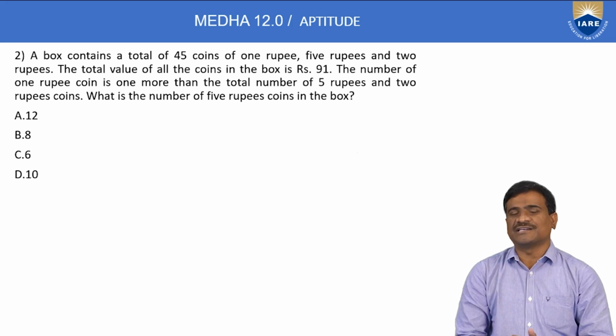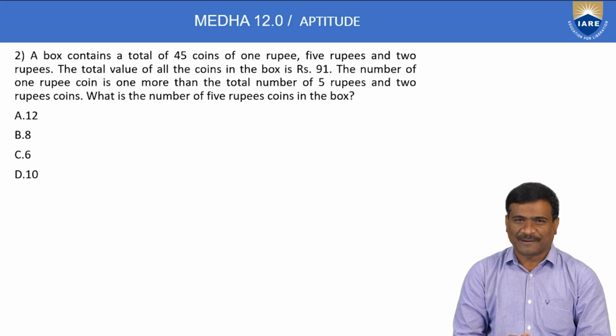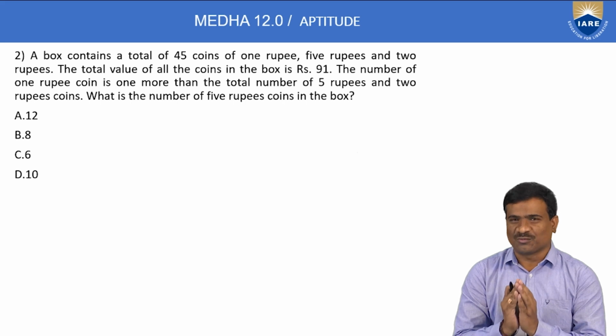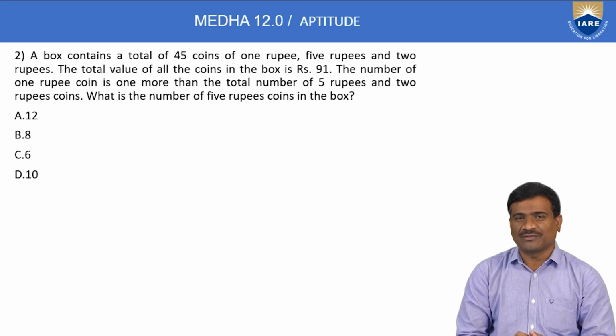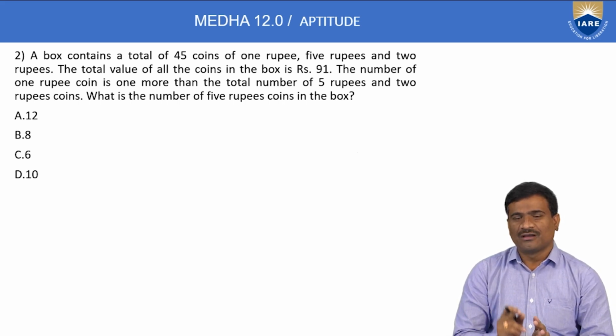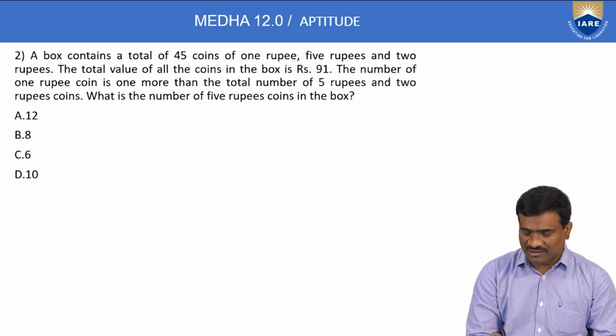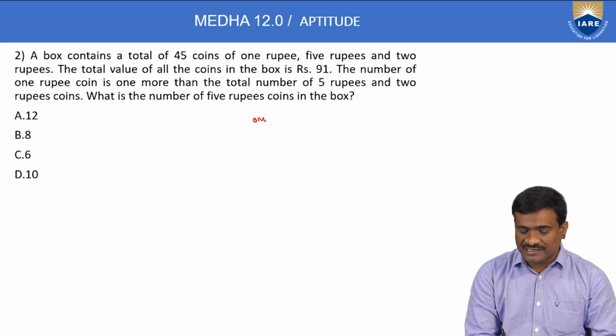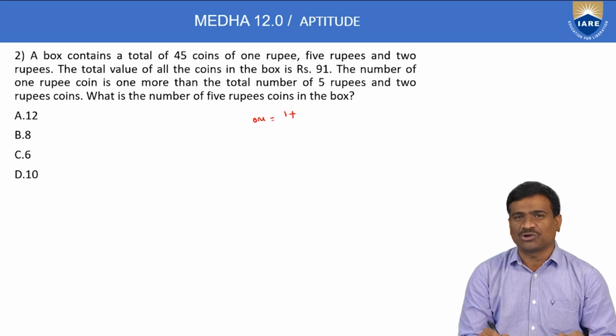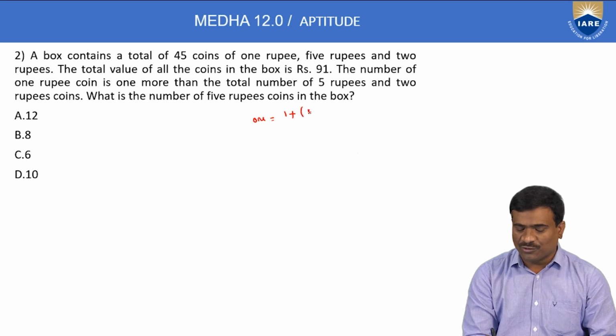Amount is equal to the number of coins into the rate for each coin. But in the condition, there is a relation between 1 rupee coins, 2 rupee coins and 5 rupee coins. Here 1 rupee coins is equal to 1 more than, and more indicates the addition operator, the sum of 5 rupee coins plus 2 rupee coins.